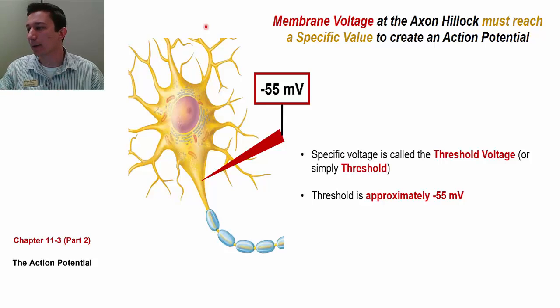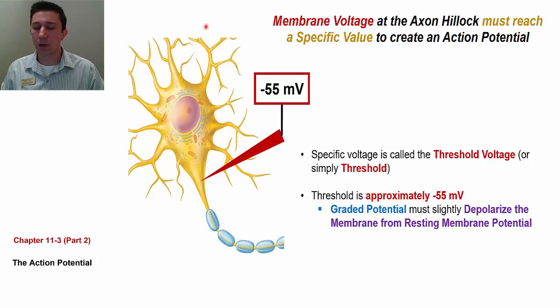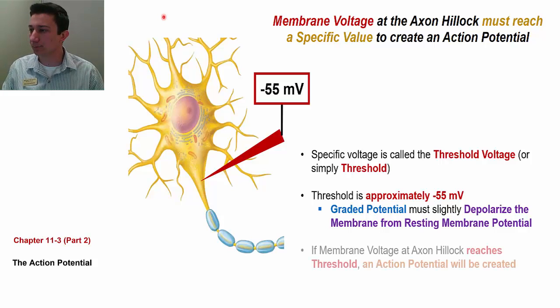So it needs to go up a little bit in order to reach threshold and create this action potential. Okay. So in that case, because the membrane voltage needs to become a little bit more positive, our membrane voltage needs to depolarize a little bit from resting membrane voltage.